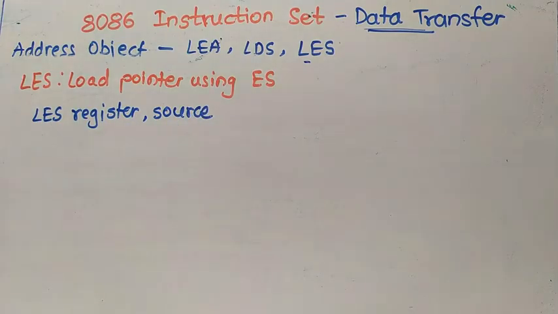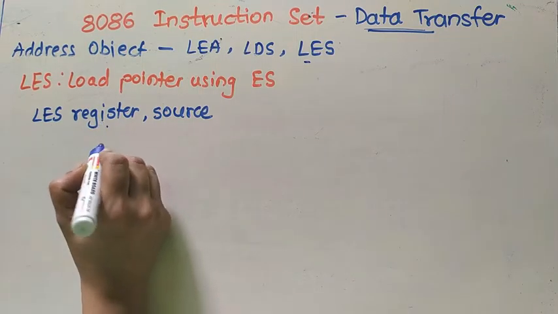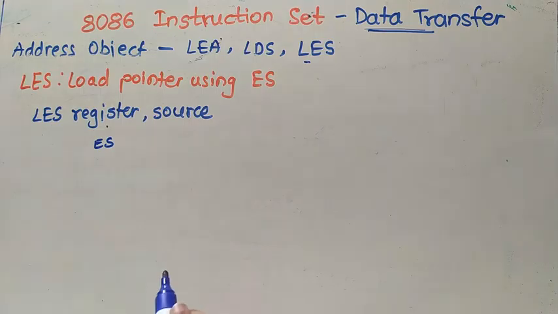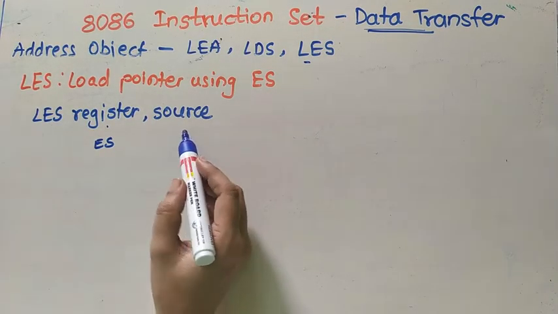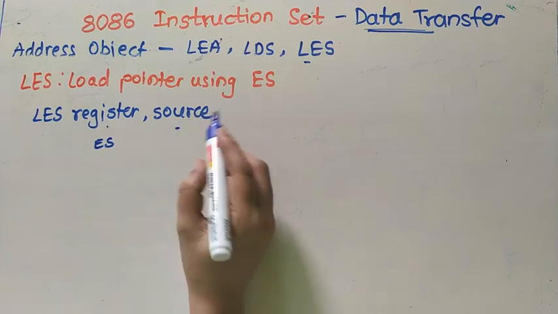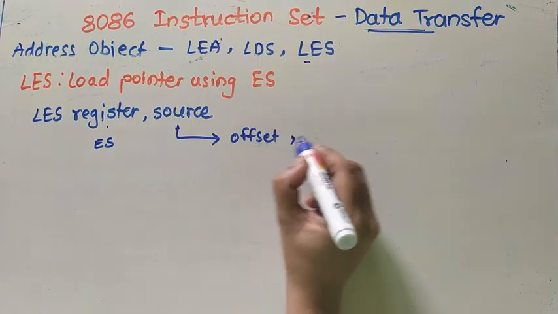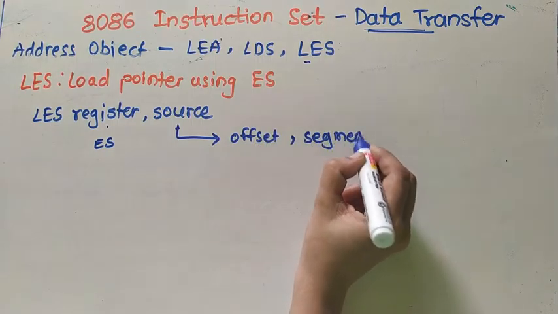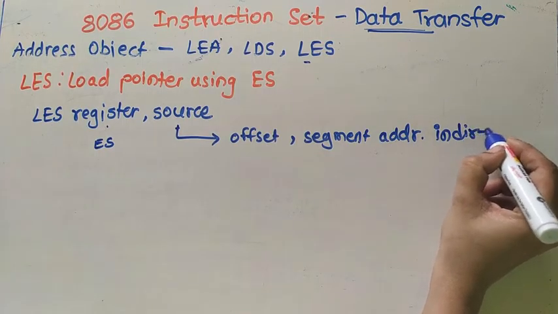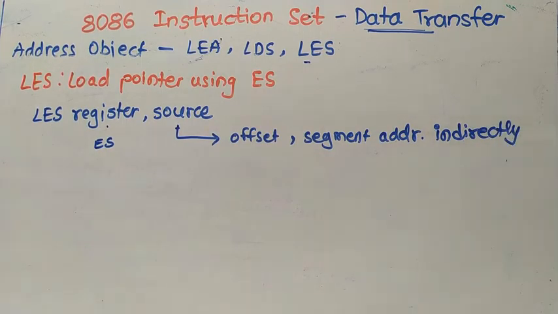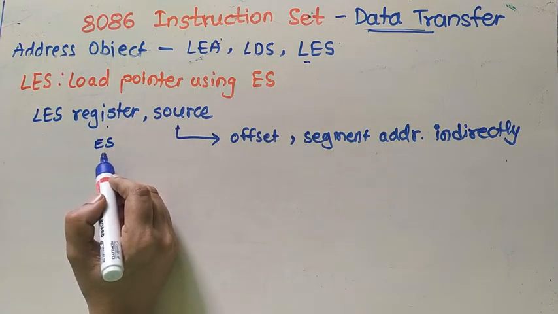This instruction loads the destination register, and along with it the ES register, with the offset address and the segment address indirectly specified by this source. So this source specifies the offset and segment address indirectly, and from that this register and the ES register are loaded.